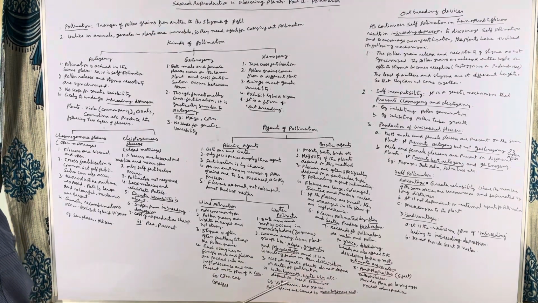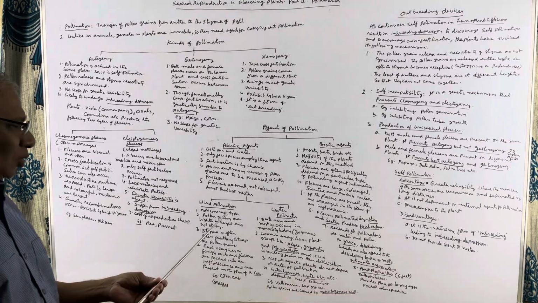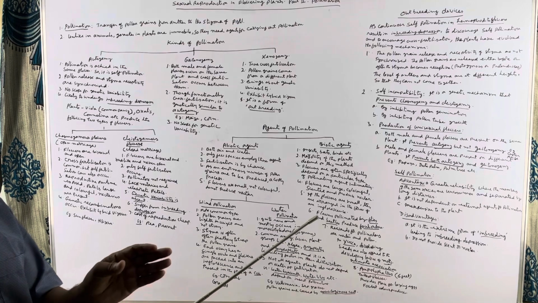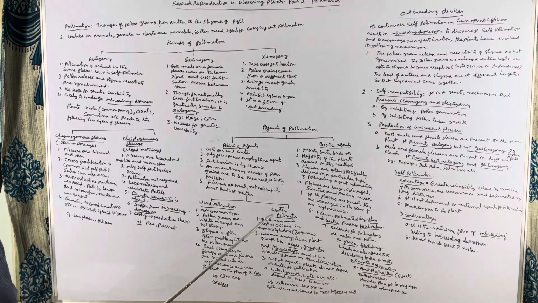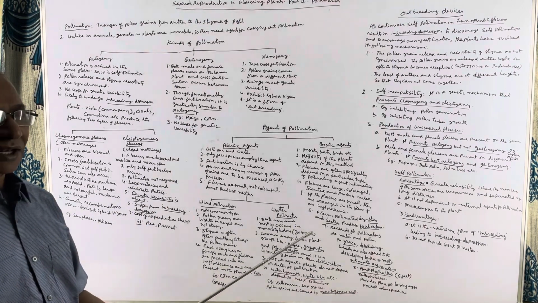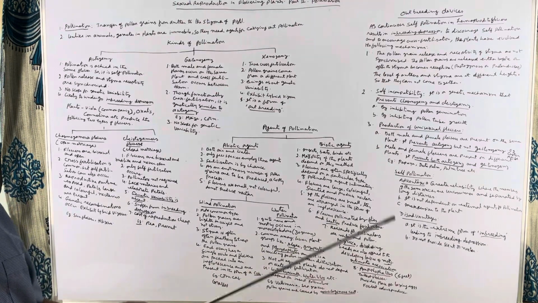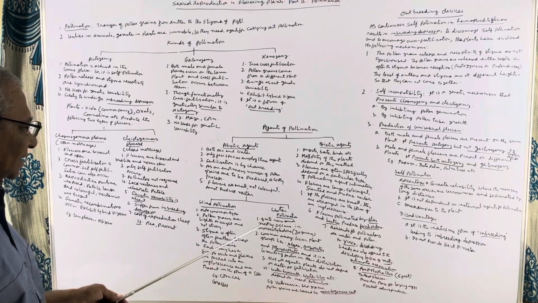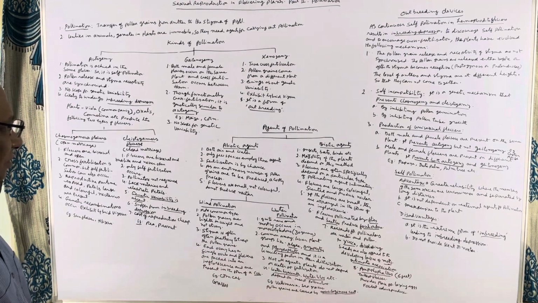Then, sometimes the pollen grains are released onto the water surface when the stigma is just on the water surface. If the stigma is inside the water, the pollen grains are released into the water. So in this way again, there are many types of adaptations in water pollination.